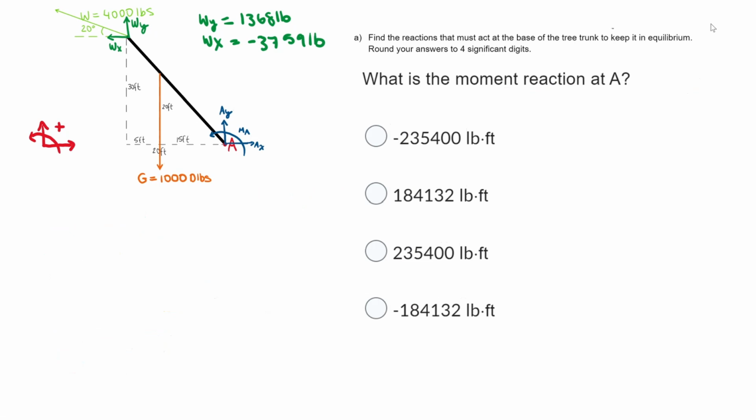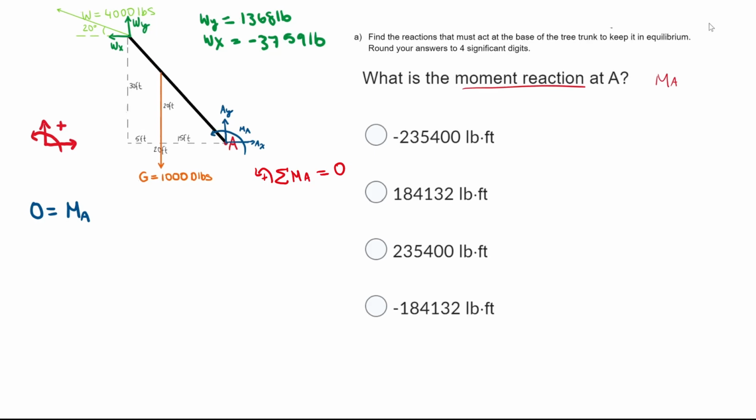And finally, for part A, we're going to look at the moment reaction at A, which we've labeled MA. So we are once again using equations of equilibrium, which we know is equal to 0. So MA is positive convention in this case.